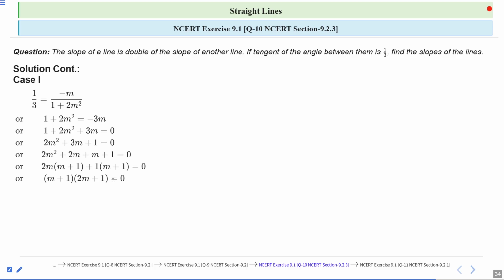So we get two values of m: minus 1 and minus 1/2.